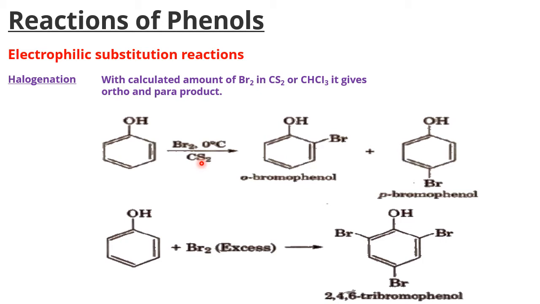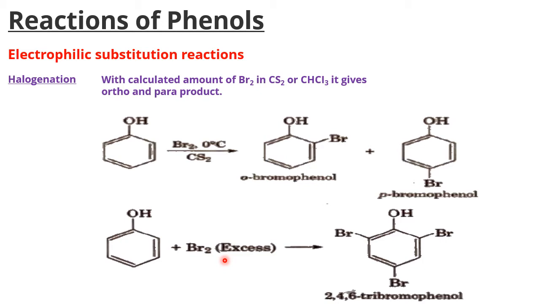Using that point, we separate the isomers. So here ortho and para both are formed. But if you go for excess bromine in the reaction condition, using a Lewis acid as a catalyst, we get all the two ortho and one para positions substituted.